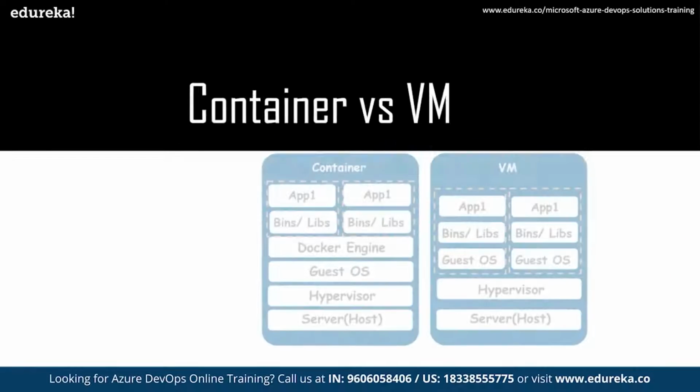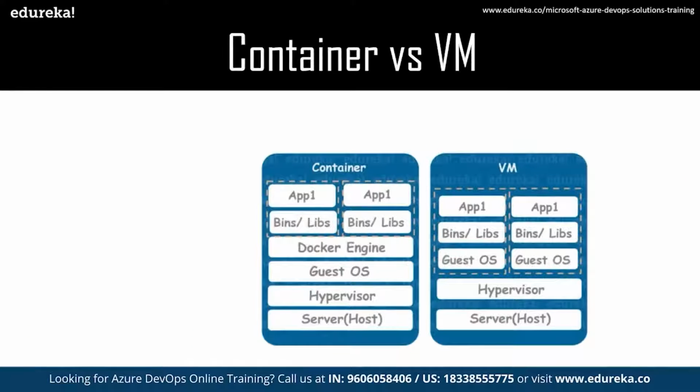Now, this image should give you an understanding as to how these two things are different. The one on the left-hand side is your container, and on the right-hand side, you have your virtual machine. What a virtual machine does is, on top of your server, it lets you host your guest operating systems.